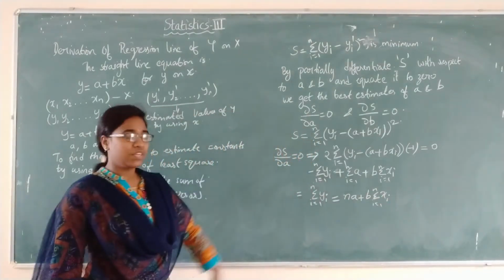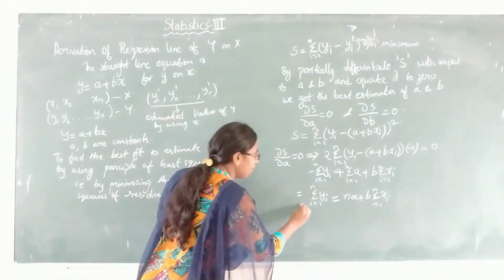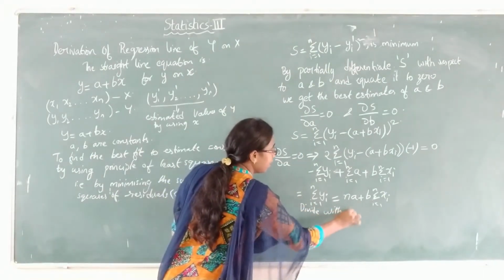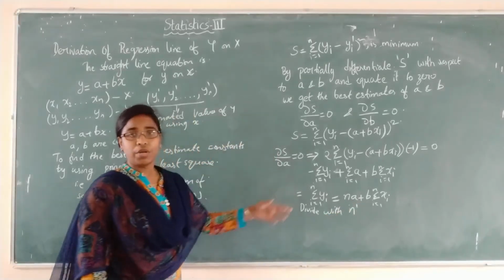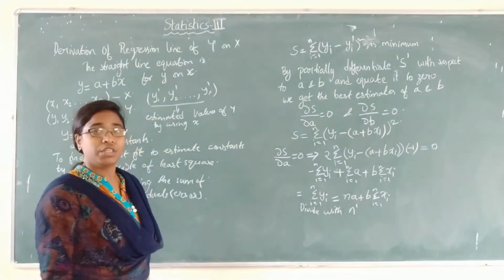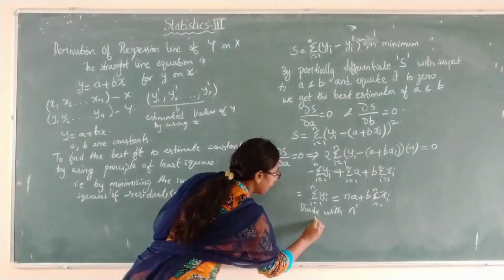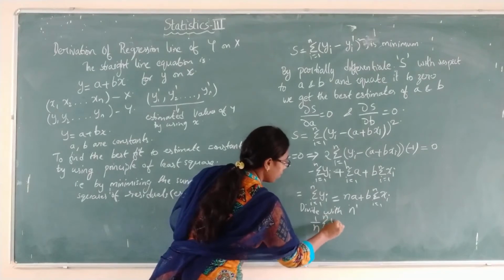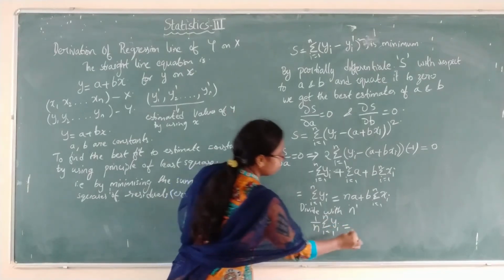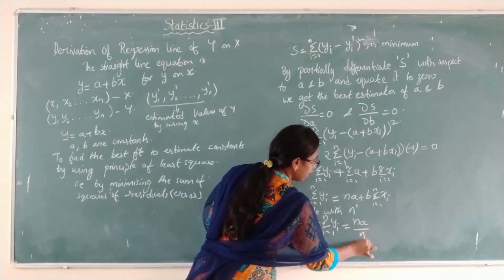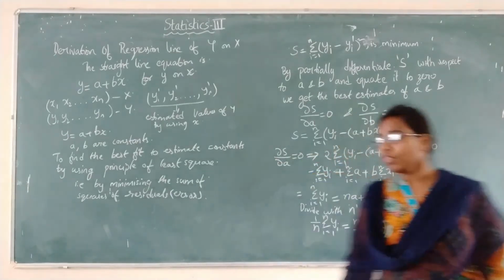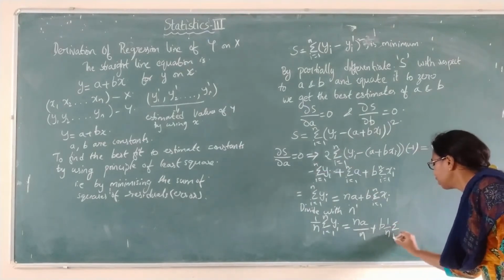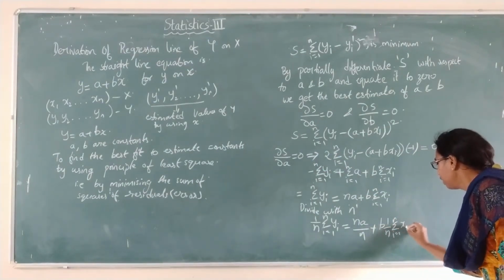Now whatever equation you got here, divide this equation with n. So you will get 1 by n summation i equals 1 to n yi equals na by n plus b into 1 by n summation i equals 1 to n xi.